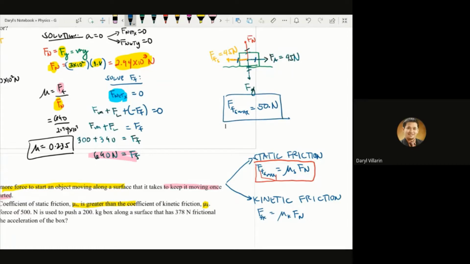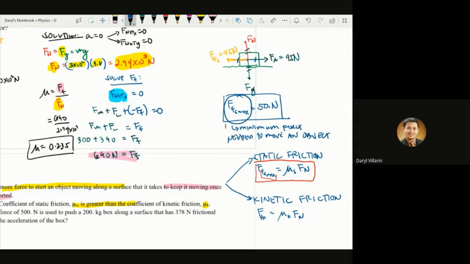Okay? So the Fs max is the minimum force needed to move an object. So that would be the significance of the maximum static friction.